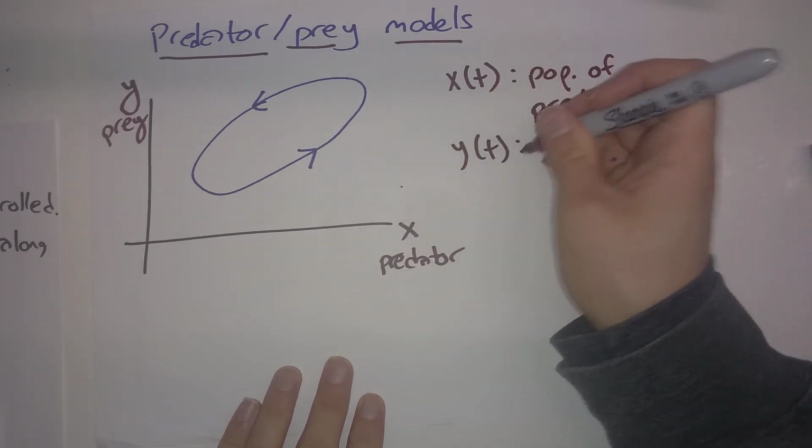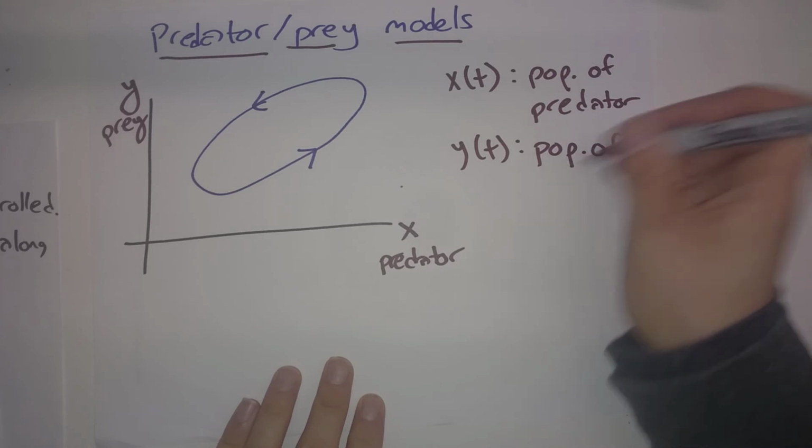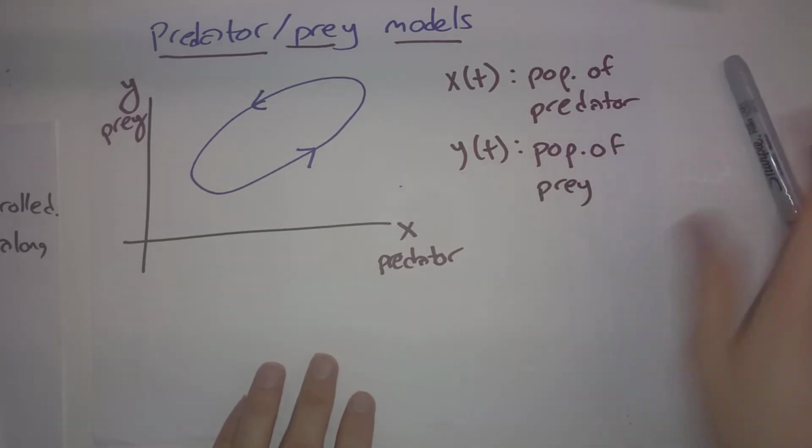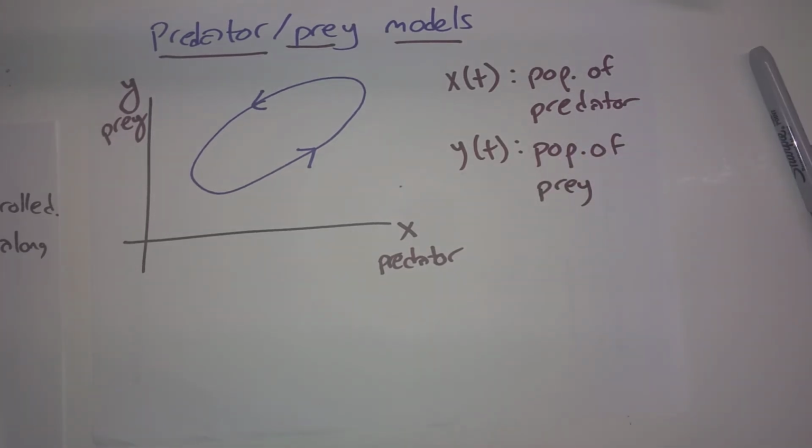Y of t is the population of the prey at time t. So, for example, x of t might be how many wolves you have, and y of t might be how many rabbits you have. I'm assuming that wolves eat rabbits here.